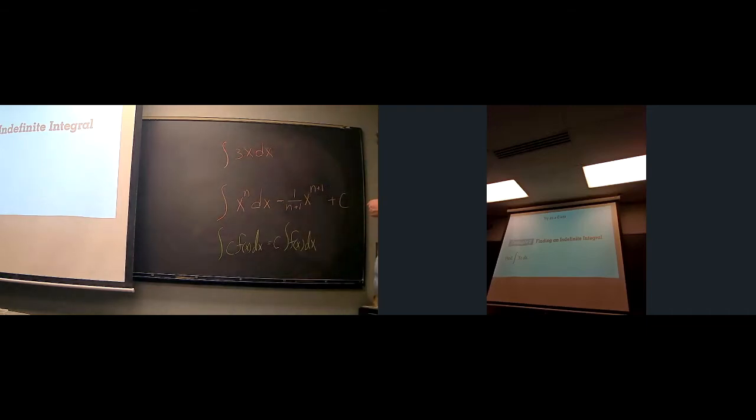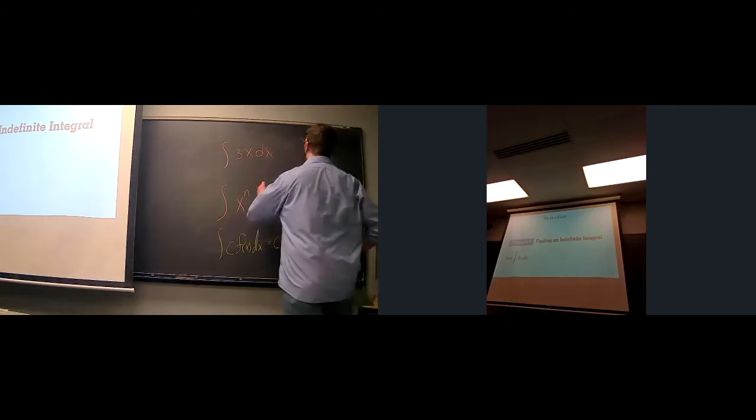So with that in mind, coming up here, we can rewrite this as 3 times the integral of x with respect to x is equal to 3 times 1/2 x squared plus c.